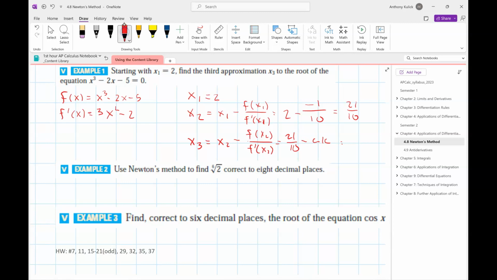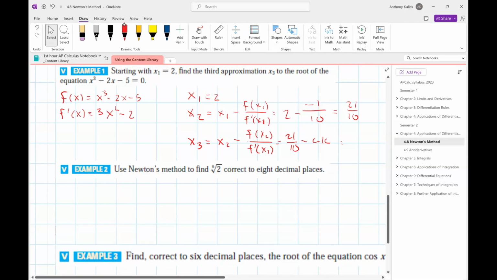All right. What if we say use Newton's method to find the 6th root of 2 correct to 8 decimal places? So what is this formula we're really looking at?